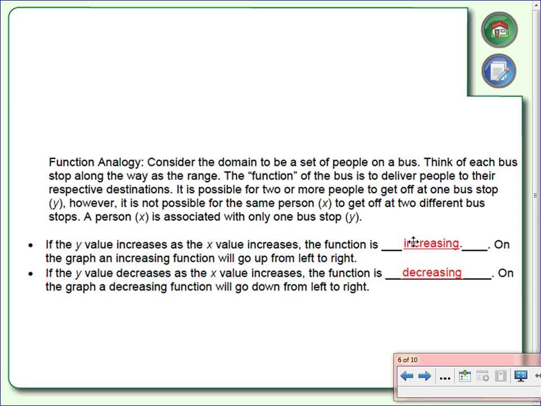So, here's what I want to do. I'm going to go down the row, and I'm going to ask you one of our key terms. I could ask you what's a relation, and what is a relation? A set of points or ordered pairs, that's a relation. I could ask you what's domain? X. What's range?